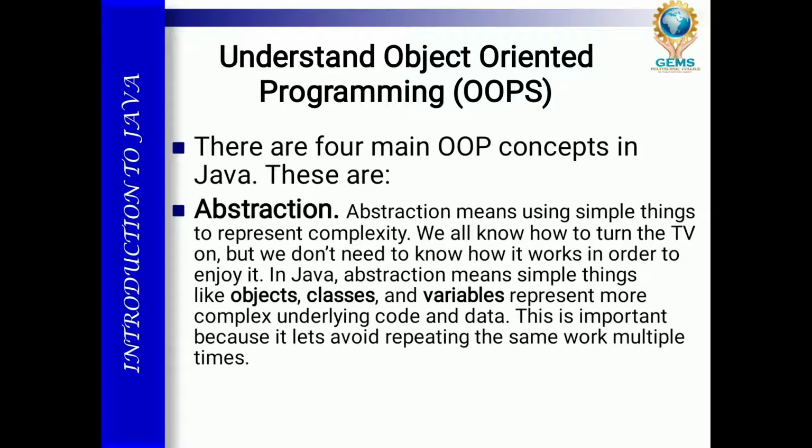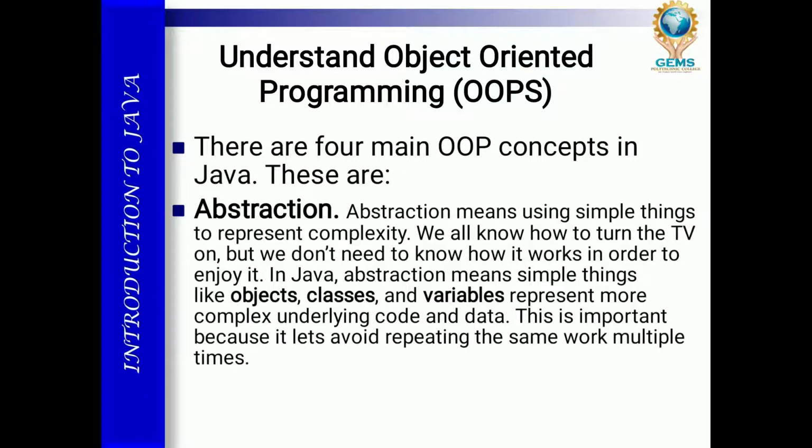You don't need to bother about how the TV is functioning, how the internal process is working, how current is passing, how the picture tube is working. You need not bother about all these things. Just know the simple thing to represent complexity. Just know how to turn on the TV. That's enough, and we can enjoy it.